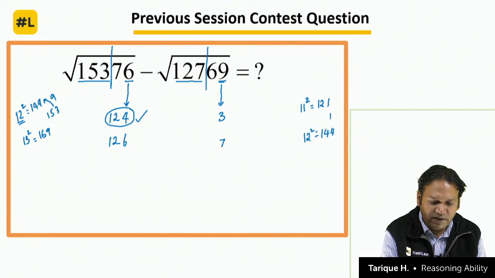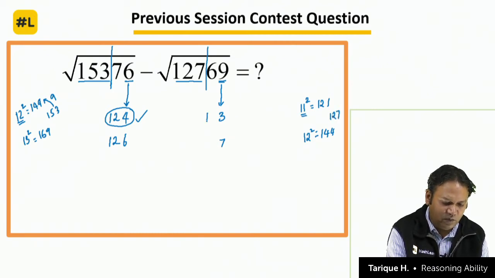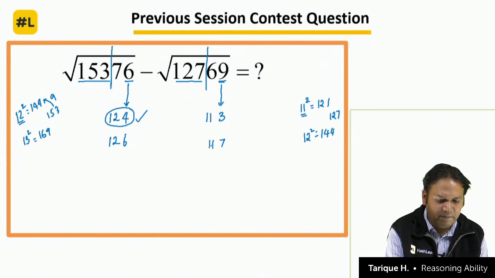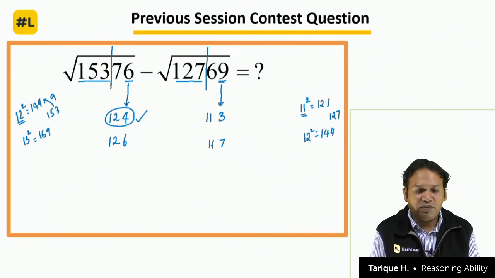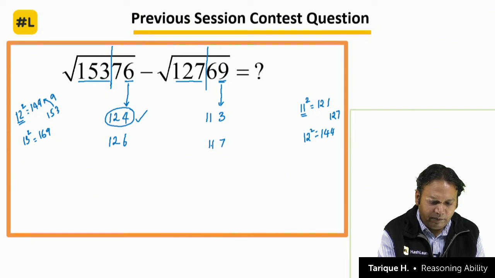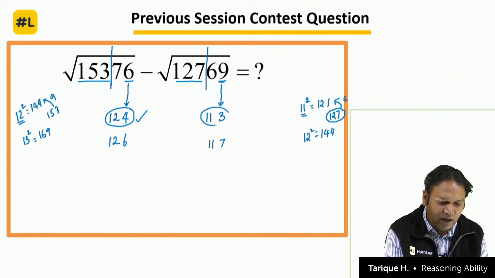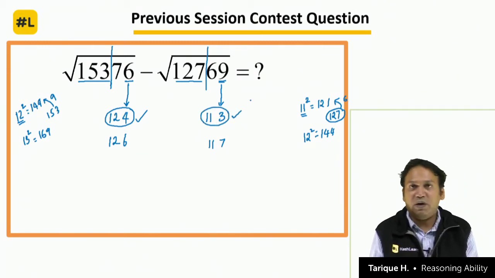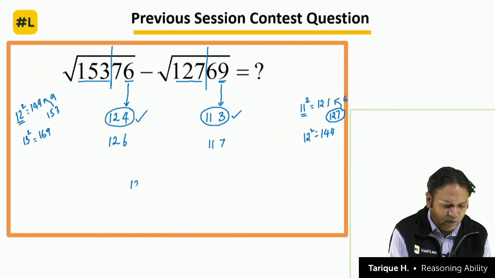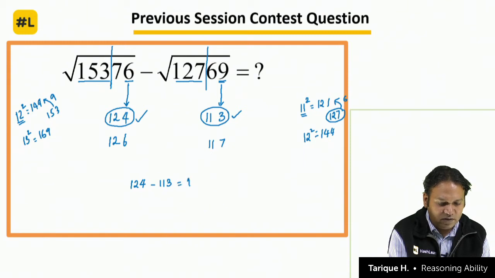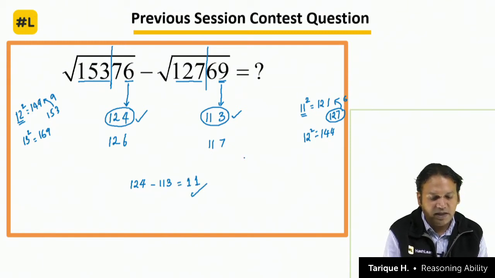We take the smaller number 11 and write 113, 117. Is the answer 113 or 117? That depends on 127, which is definitely closer to 121. The difference is only 6. So the square root of 12769 is 113. The difference between 124 and 113 is 11. So the answer for this contest question is 11.